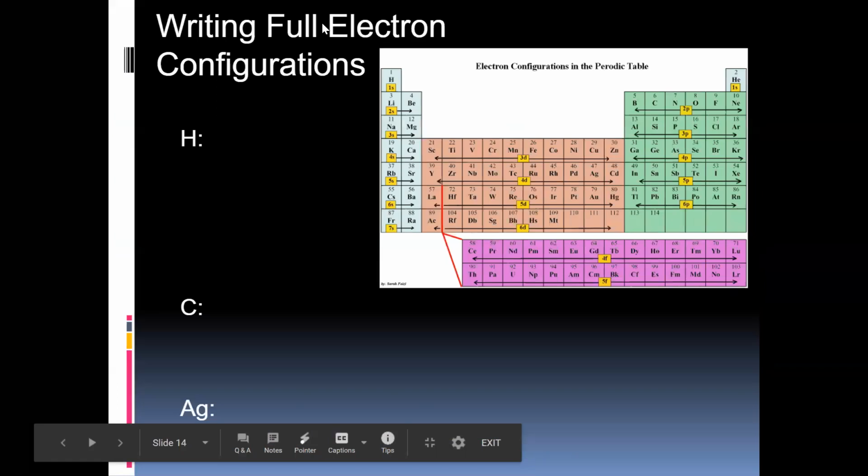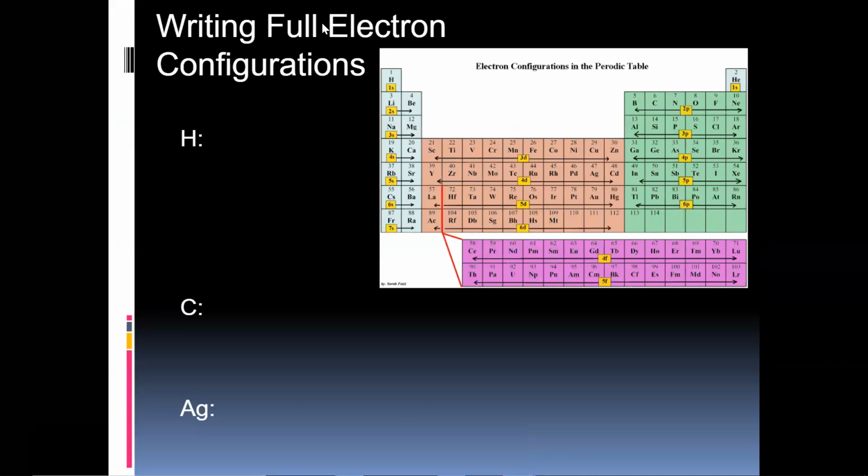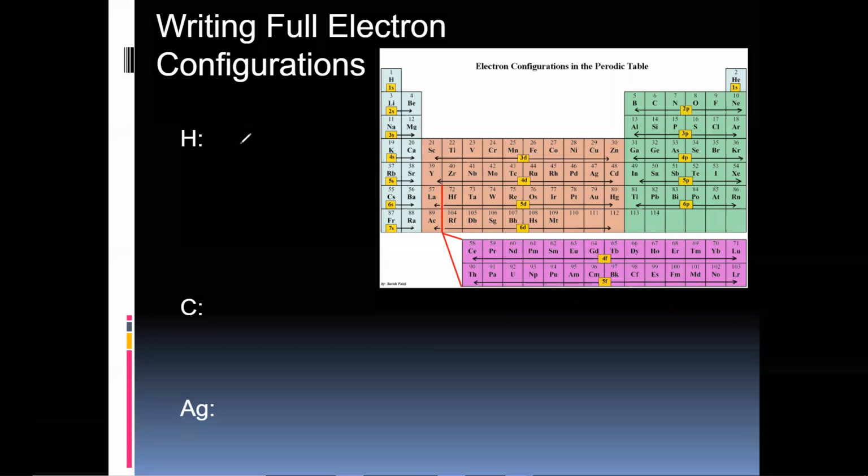So I'm just going to break right into writing out these full electron configurations, because it's just going to be confusing until you see me do it. So if I wanted to write the electron configuration for hydrogen, hydrogen is going to have 1 electron, okay?